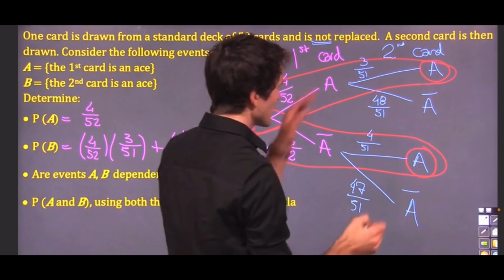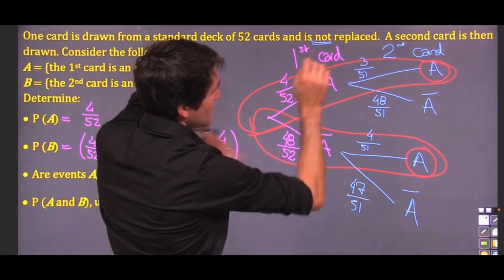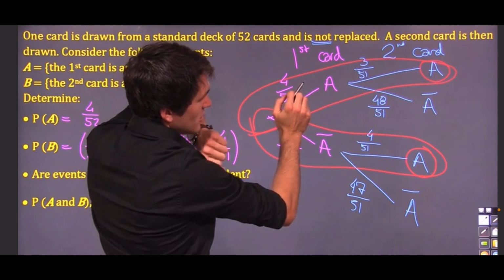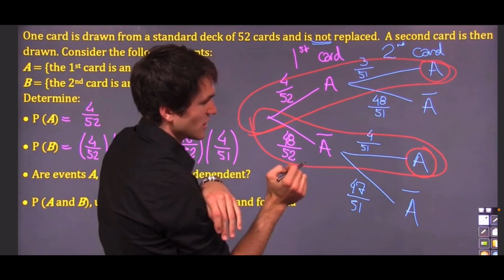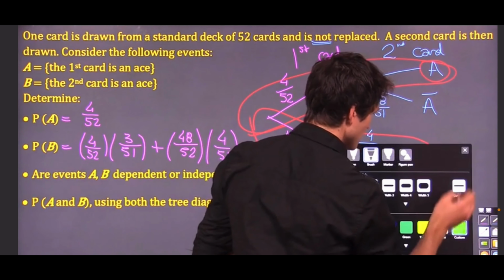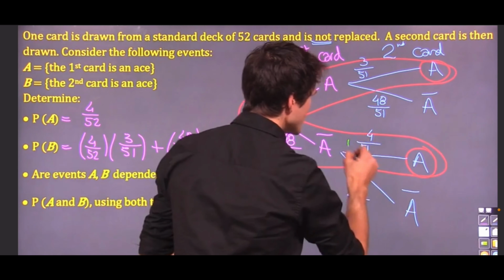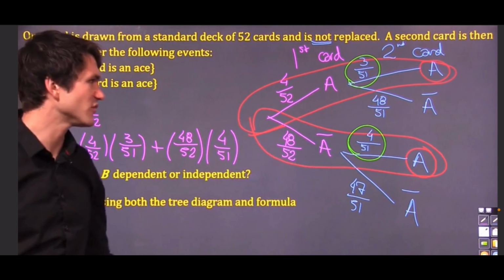For the second card being an ace, I have a 3 out of 51 chance if I draw an ace for the first card. If I don't draw an ace for the first card, I've got a 4 out of 51 chance of drawing an ace for the second card. So if these events were independent, then this would have to equal this. But they don't, they're different.